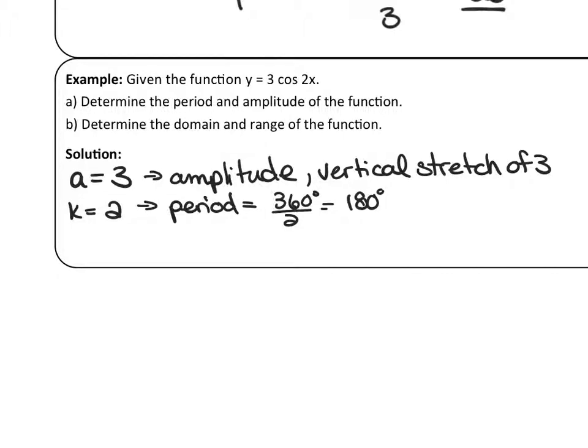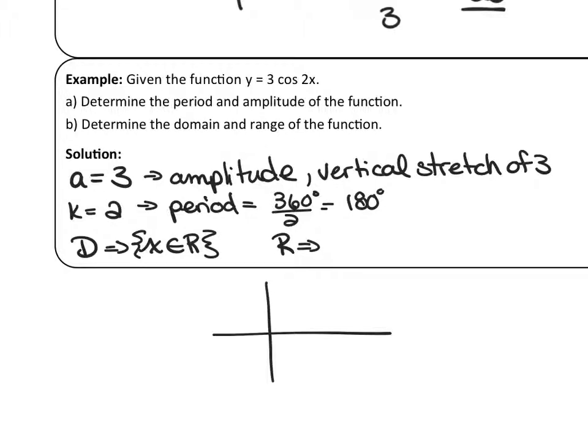Determine the domain and range of the function. Now, what's nice about sinusoidal functions is the domain is always the same. X is in the set of real numbers. Always, always, always. It doesn't really change, especially for sine and cosine. But the range is going to change. Now, the range is going to change because in this case, our amplitude goes up to 3 and down to -3.